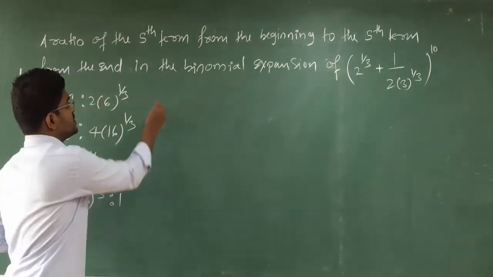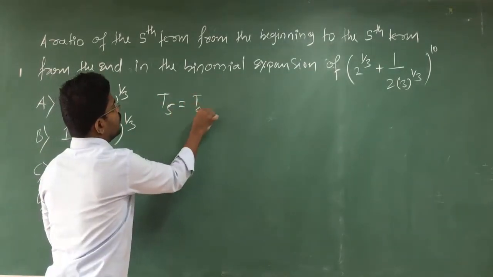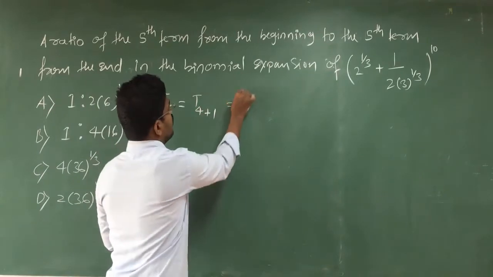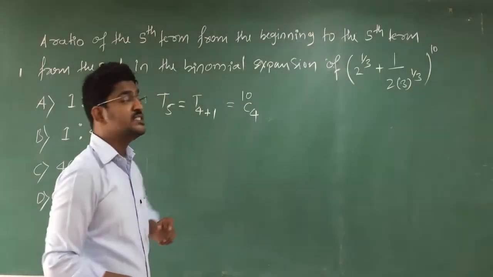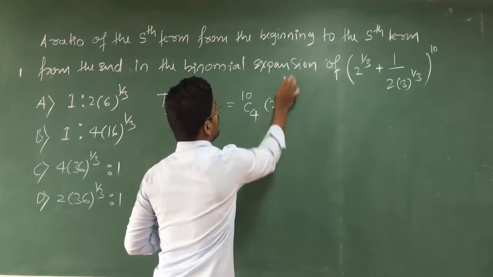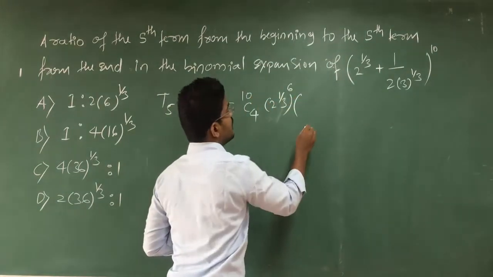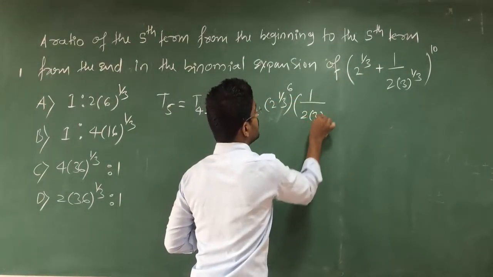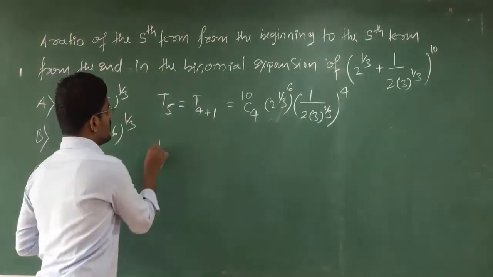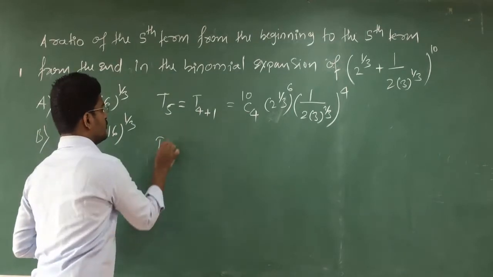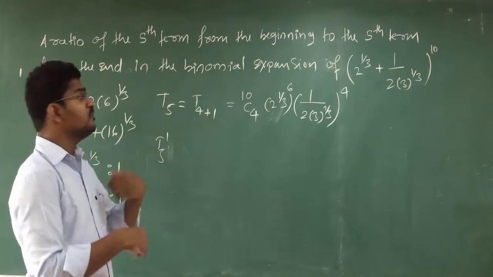So I will write first the fifth term from the beginning, that is T5, that is T4 plus 1. That will be equal to 10C4. As you all know the binomial formula, I will directly write 10C4, that is (2 to the power of 1 by 3) whole to the power of 10 minus 4 is 6, into (1 by 2 into 3 to the power of 1 by 3) whole to the power of 4. Clear? So now I will write T dash 5, that means the fifth term from the end.